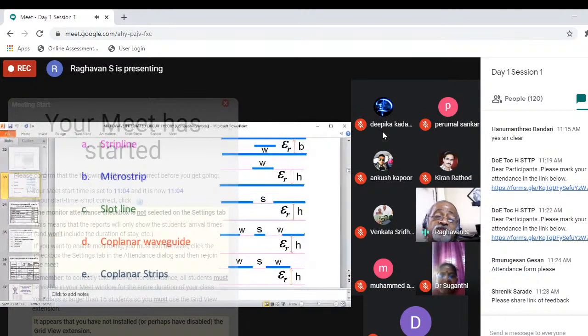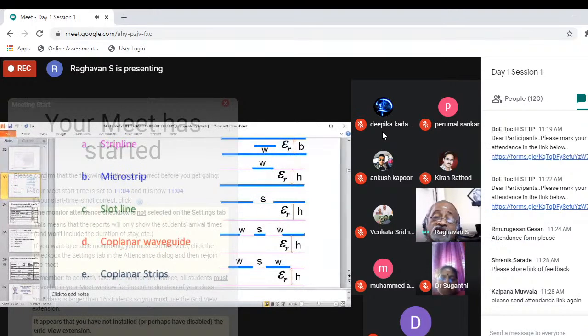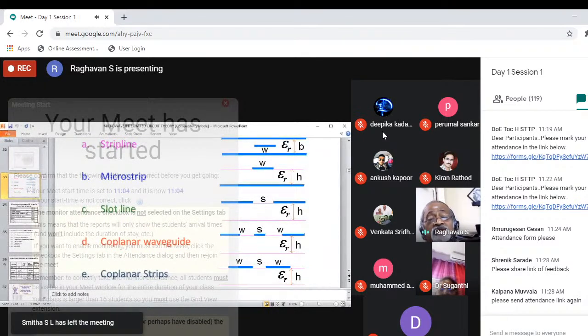Similarly, for CPW, there are only two books. One is R.N. Simon, who is an Indian, and another book is Wolf. And R.N. Simon's book is followed throughout. Wolf also is referred to. And the complement of coplanar waveguide is the coplanar strip.